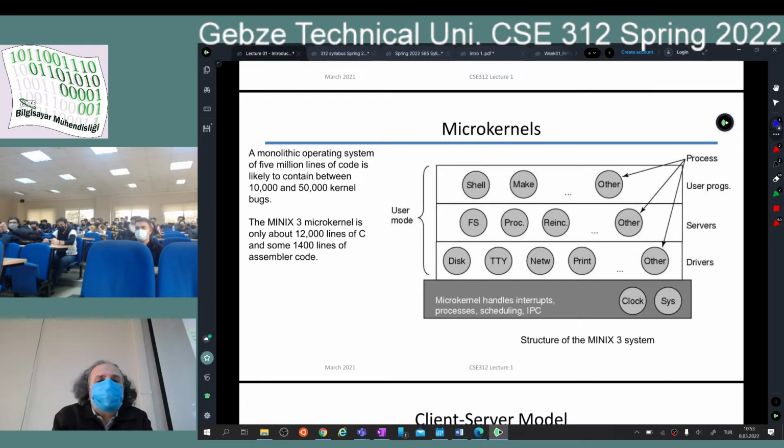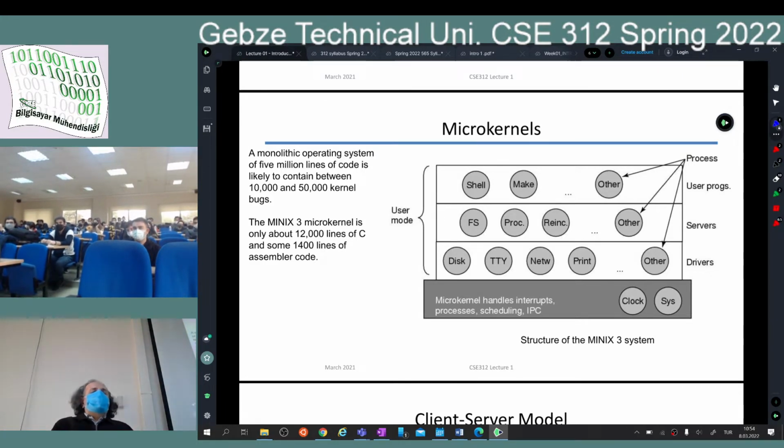The problem with Windows kind of operating system is that, remember the drivers? If I have a new device, for example, I got this nice USB camera, and I connect it to my system, I need to install the driver for this USB camera too. The driver is written by the producer of this camera. Okay, so you have to take the driver in your kernel mode.